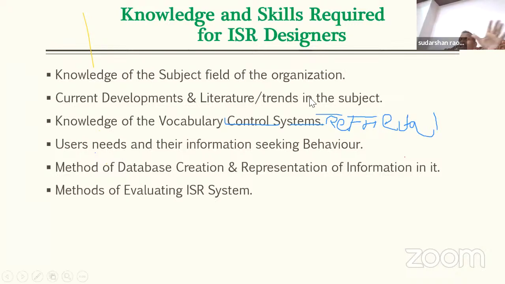Different libraries require different subject information. And the level also differs: a junior college, a degree college, a university, a school library. So what information is required, in which subjects, for your users? I think that is number one.